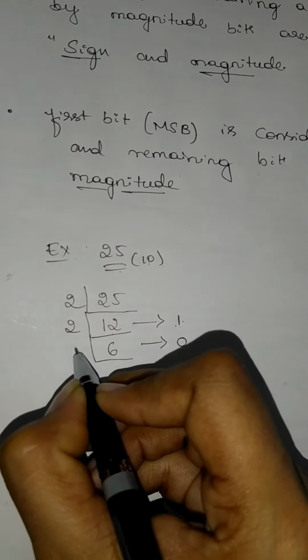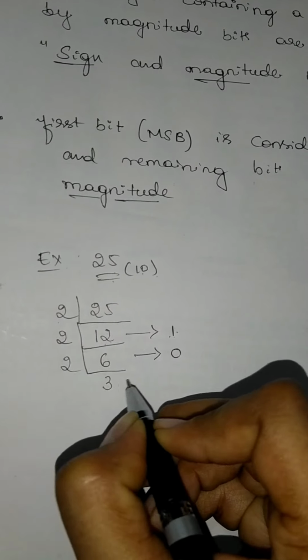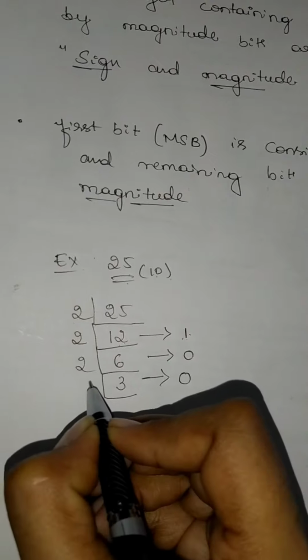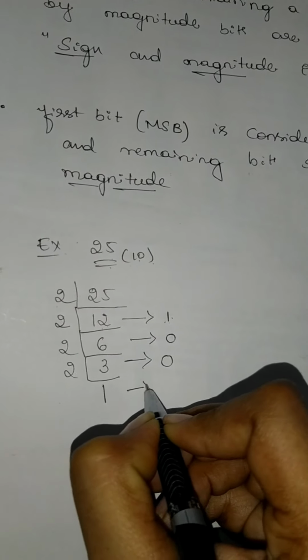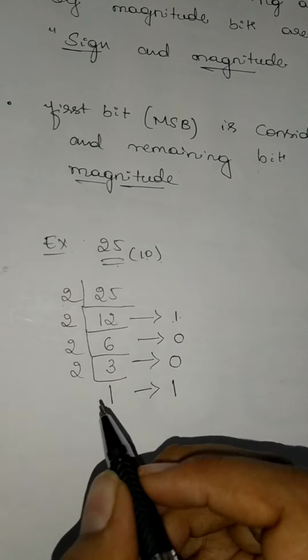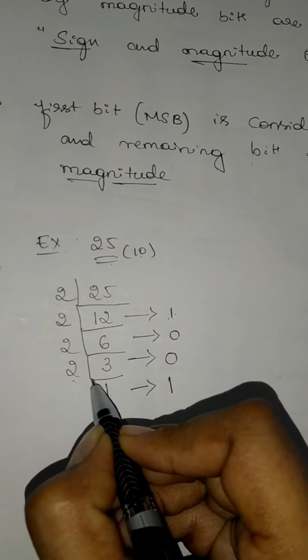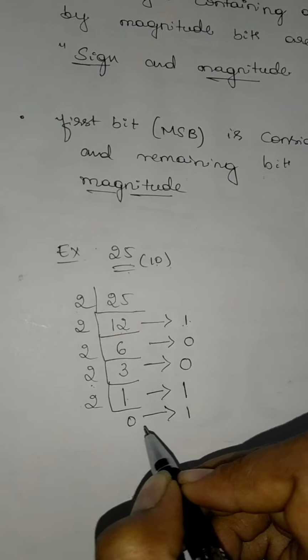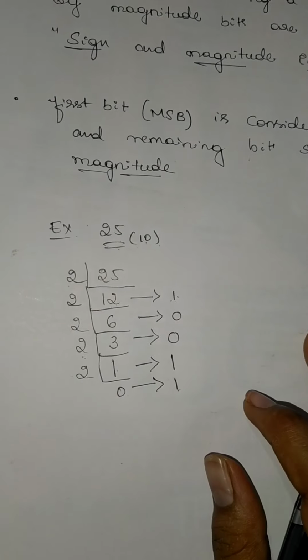Then 2 threes are 6, the remainder will be 0 again. Then 2 ones are 2, the remainder will be 1. I cannot divide 1 by 2, so I have to write it as it is. Then it becomes 0 and then 1.